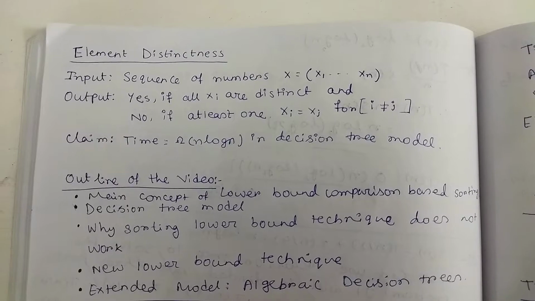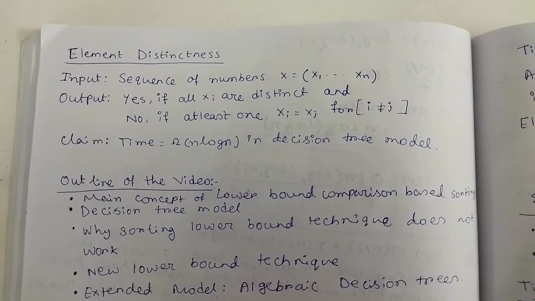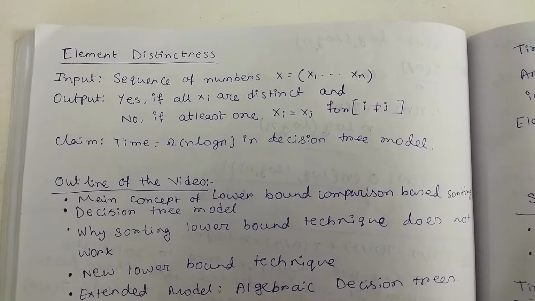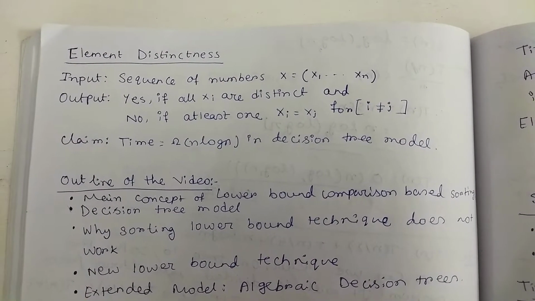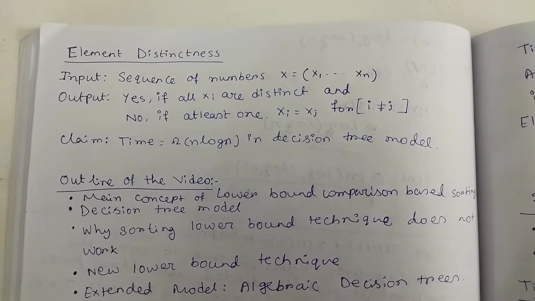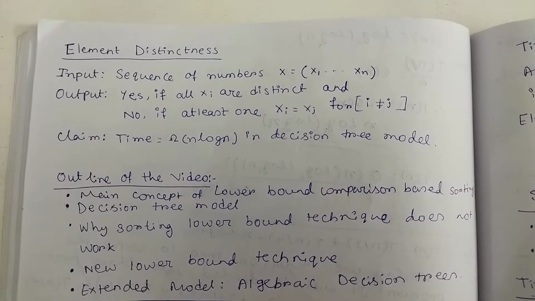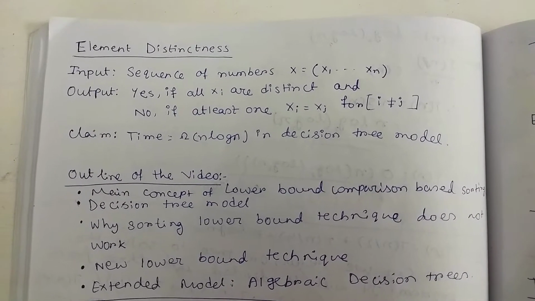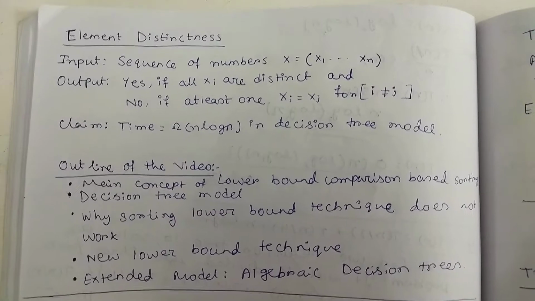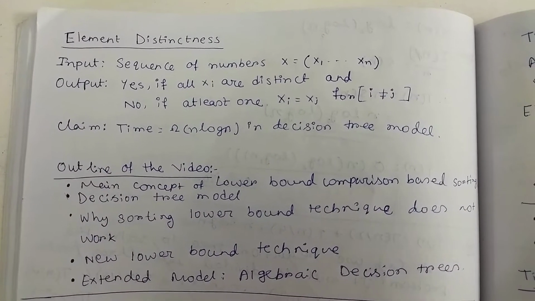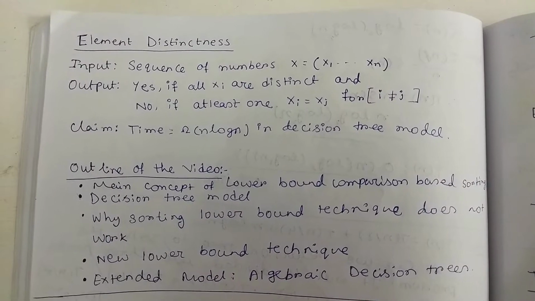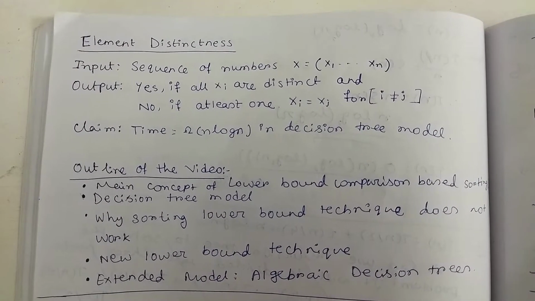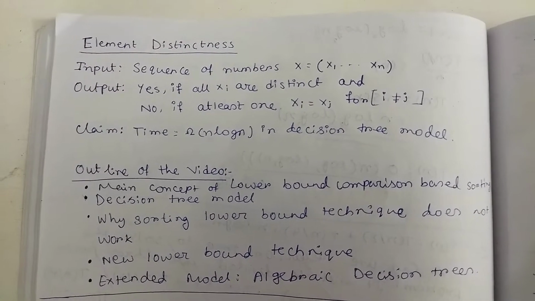Here i and j are indexes with i not equal to j. Even if there is at least one such pair, the output will be no. Again, we are claiming that the time to solve the problem with the decision tree model will be omega of n log n.